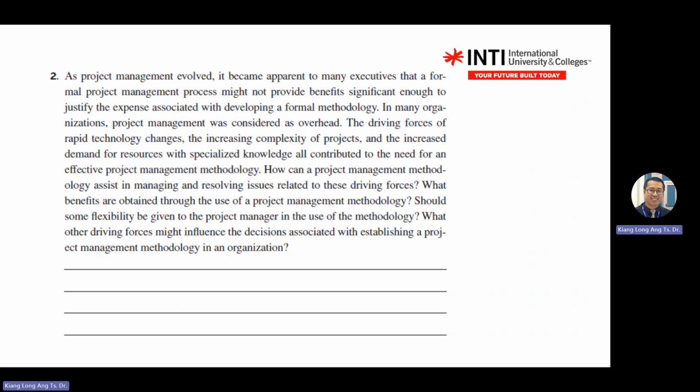Driving force of rapid technology changes, this is number one, increasing complexity, demand of resources, right? So we want you to address all these problems. The paragraph already tells you three problems: technology changes, complexity, and resources.